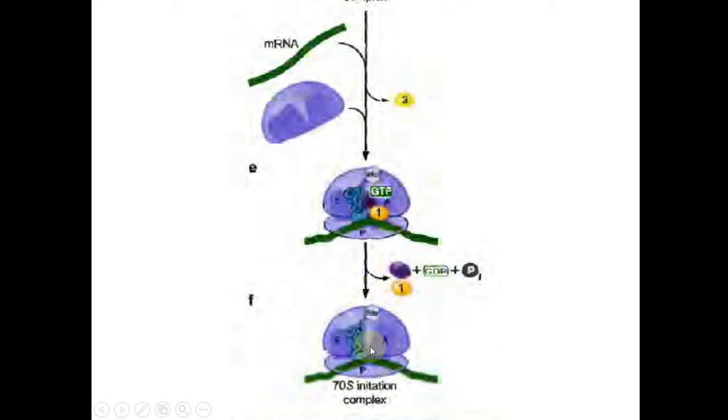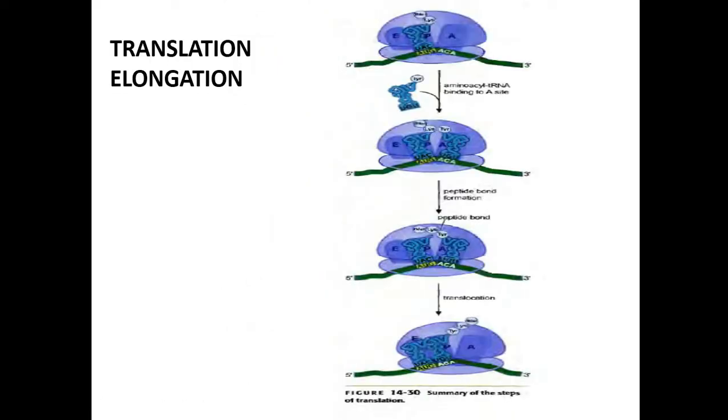Now this is the initiation complex, where the initiator tRNA is present in the P site. Now the next codon is in the A site. In this A site, the next tRNA will bring the second amino acid.